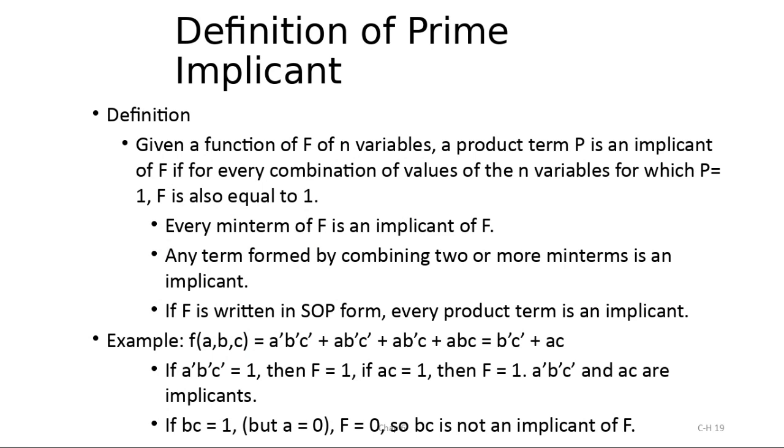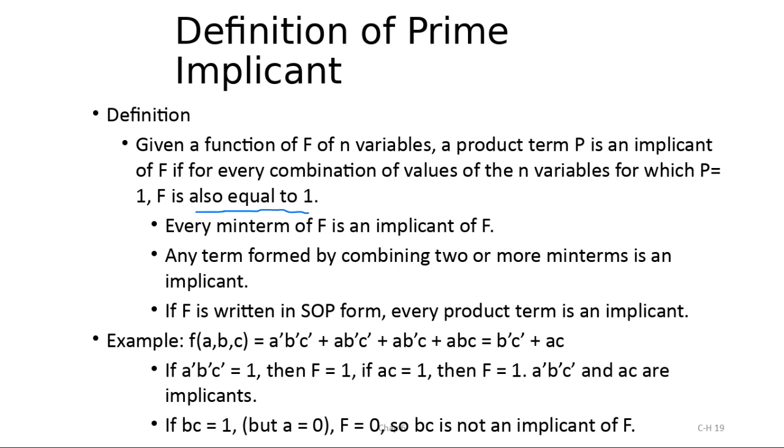Also, there is a definition of prime implicants. The first definition is: given a function f of n variables, a product term p is an implicant of f if for every combination of values of the n variables for which p equals 1, f is also equal to 1.